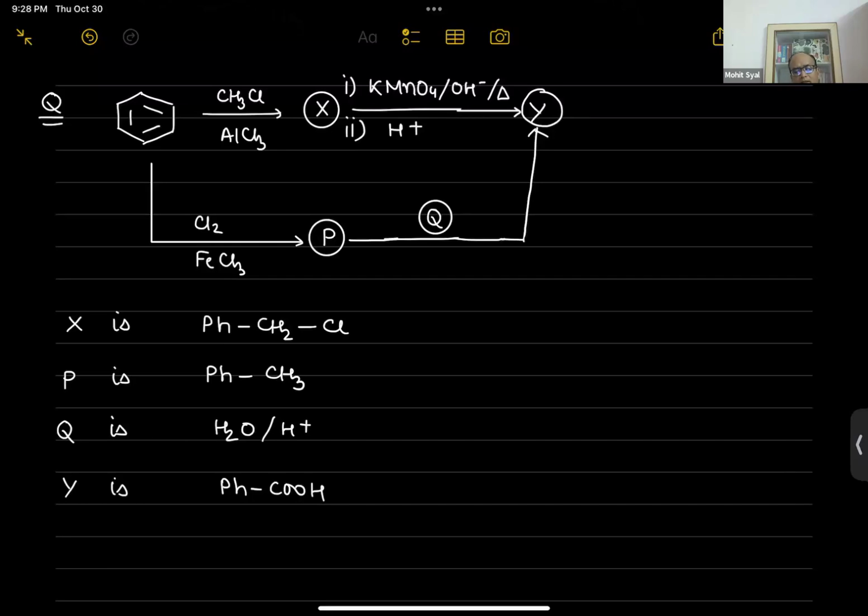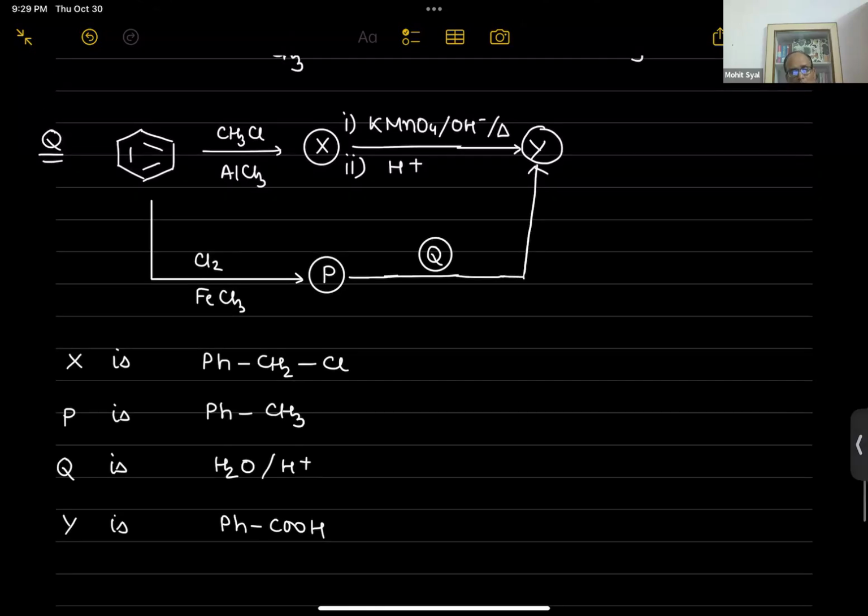So first, always try the first set of reactions, because all the reagents are given. You can predict the products.